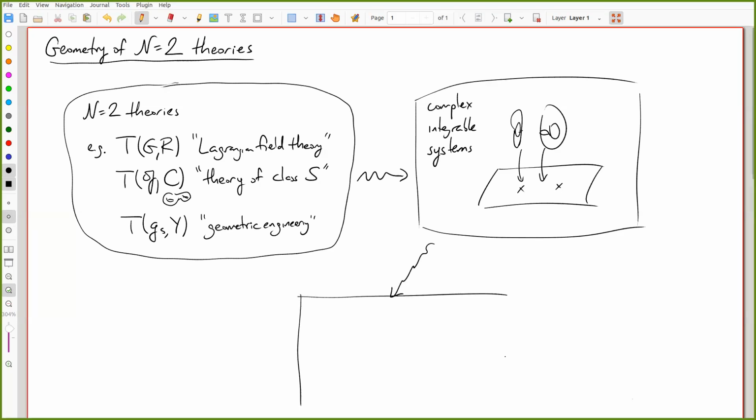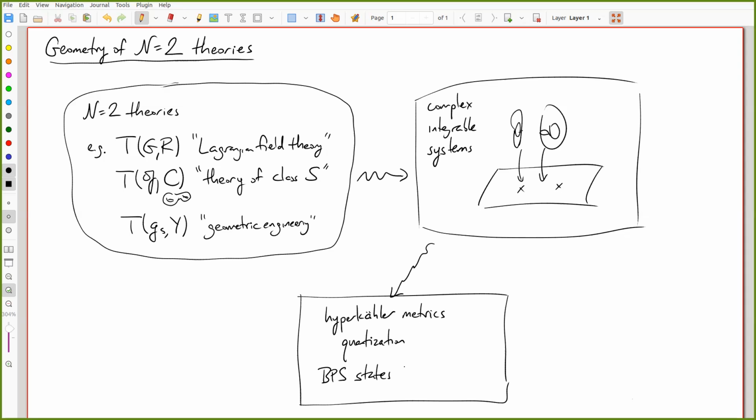we're in a position to do some fun mathematical things. We can produce a hyperkähler metric on the total space of the complex integrable system. We can study quantizations of the complex integrable system. We can study closely allied things like the BPS states, some enumerative invariants associated to this system.